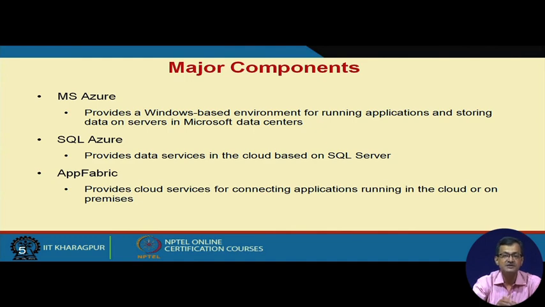So, it gives a versatile way of connecting different types of applications with back end databases. It is truly a development platform, and PaaS is supposed to be a development platform.